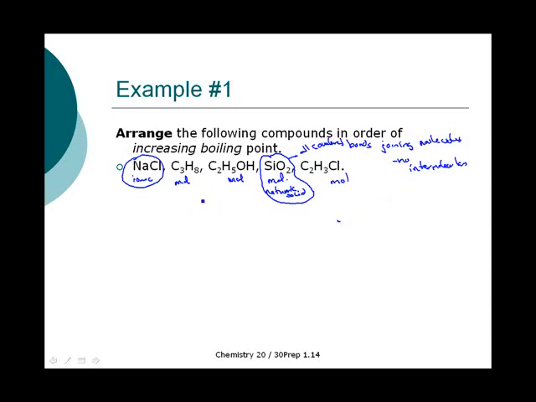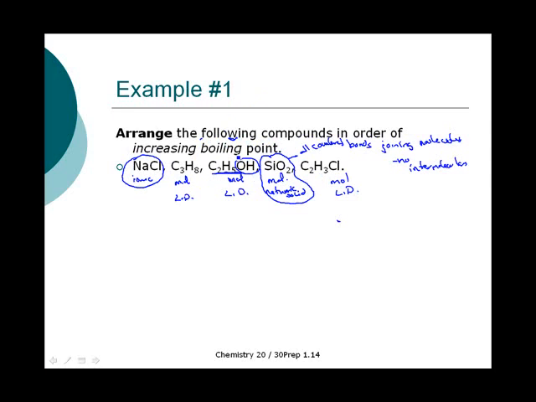Now we're going to go back to our compounds and take a look at what other forces they have. So our molecular compounds all have London dispersion. If we draw Lewis structures, and I'm going to cheat just a little bit here, this is ethanol.